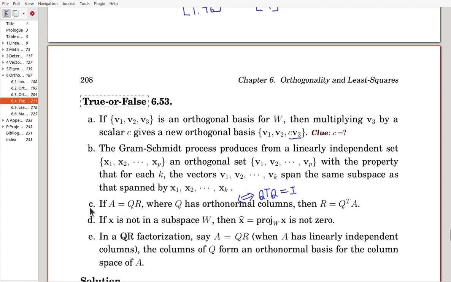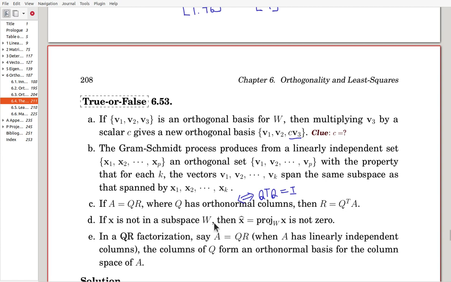Okay, so that's true. If x is not in subspace W, then x hat, the projection of x onto W, is not 0. Is it true? Now here, x is not in subspace W, then the projection can be not 0.